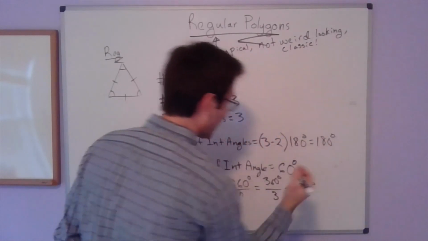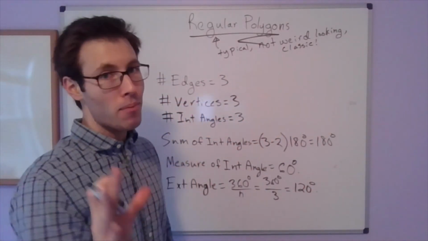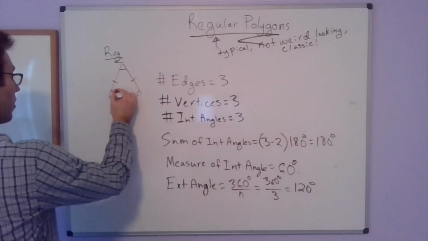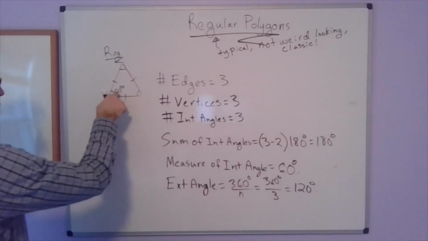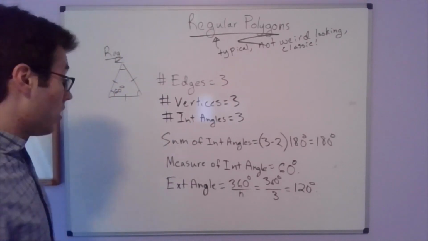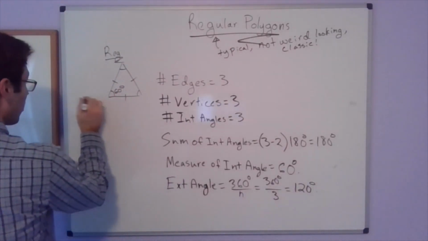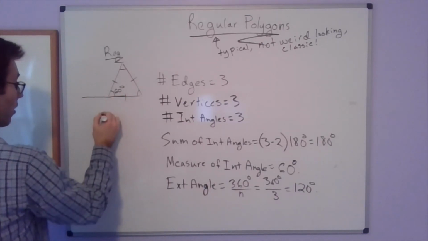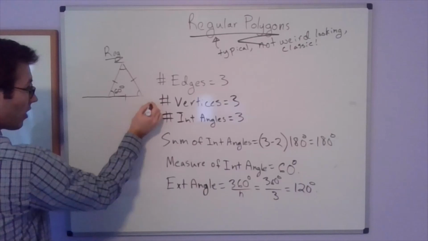Now, the way that I did it, and the way that just comes automatically to me, is that you know that this interior angle is going to be 60. An exterior angle, in this case, if we make our angle right here, do not draw it up there. Don't draw an exterior angle like that.